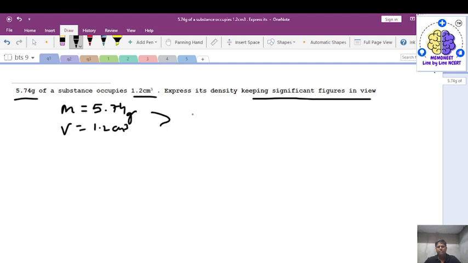So density is equal to mass upon volume, that is 5.74 upon 1.2, which results in 4.783 gram per centimeter cube, right?